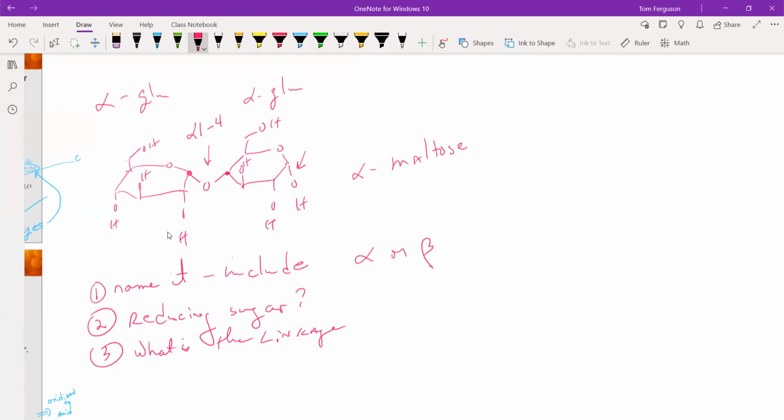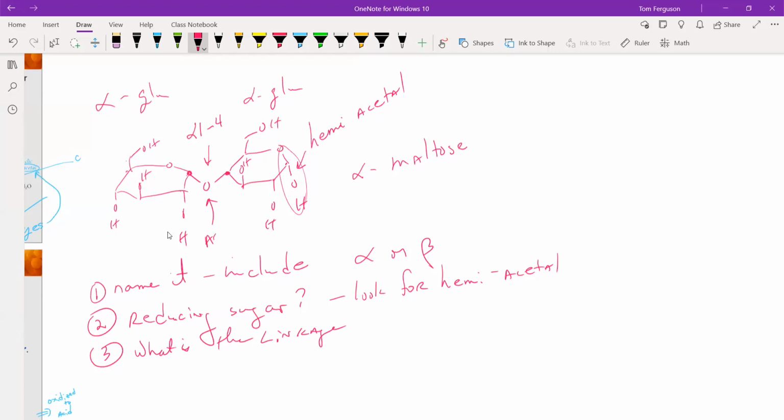Okay, question number 2. Is it a reducing sugar? Look for the hemiacetal. That's right over here. This is not a hemiacetal.